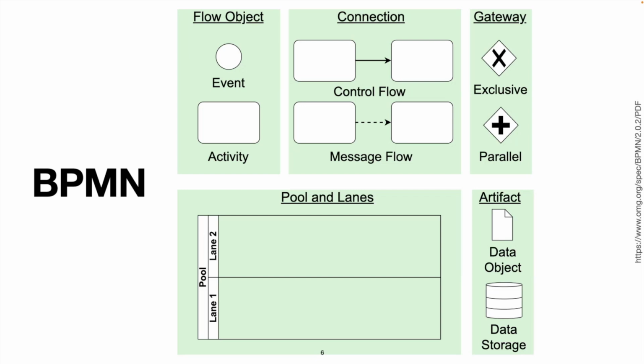We also have gateways, logical gateways. And most importantly, we have the pool and lanes. So a pool, the whole rectangle, represents an organization, while the swim lanes inside it can represent specific roles within this organization. Of course, we can have different pools that work together, just like we will see later. We also have the artifact and the data object, which represents the data flow in the process.